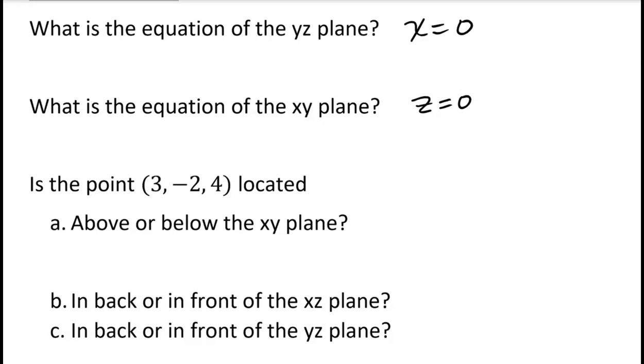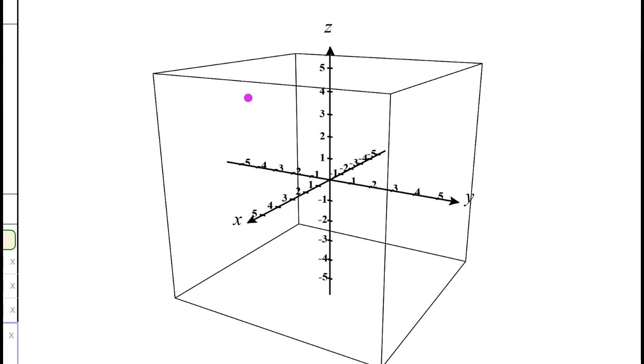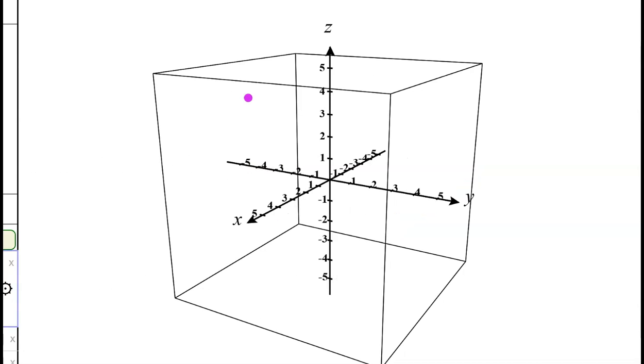Is the point (3, -2, 4) located above or below the xy plane? Well, if we graph it on our grapher, it'll help us visualize it. So the magenta point is our point that we just plotted, and you can see it lies above the xy plane. And we can tell that because the z is positive.